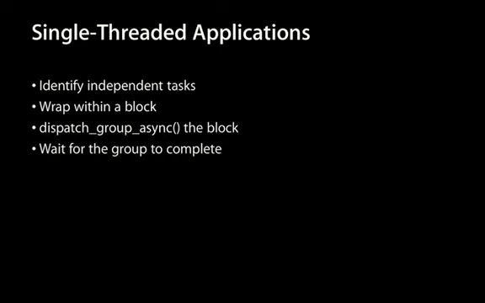And so using a dispatch group and then waiting on the group allows you to effectively fan out your serial application, your single-threaded application, to multiple threads for a brief period of time, get a little bit of a performance boost, and then when those concurrent operations finish, you can collect all the results and continue with the serial single-threaded approach.